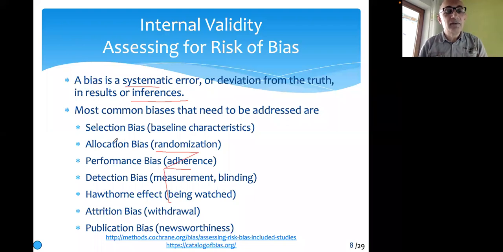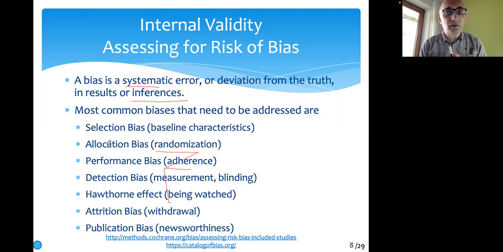Here we have mentioned this intention to treat analysis. Intention to treat, I have to explain it in my other presentations. You have to refer to that, or you may look for other references. Intention to treat, or the attrition bias, withdrawal, unequal numbers of withdrawals in the different groups.